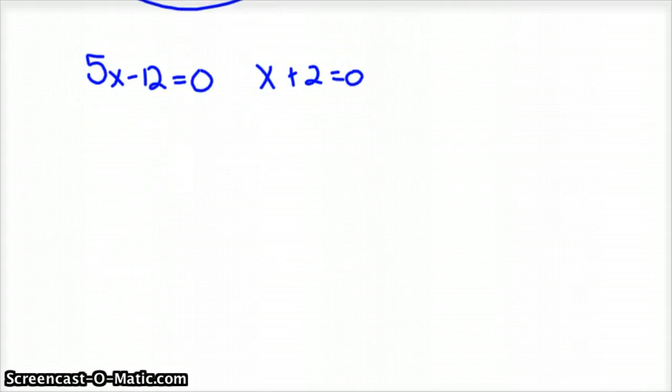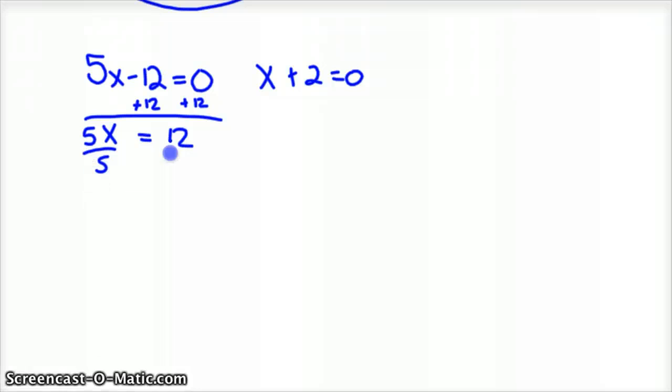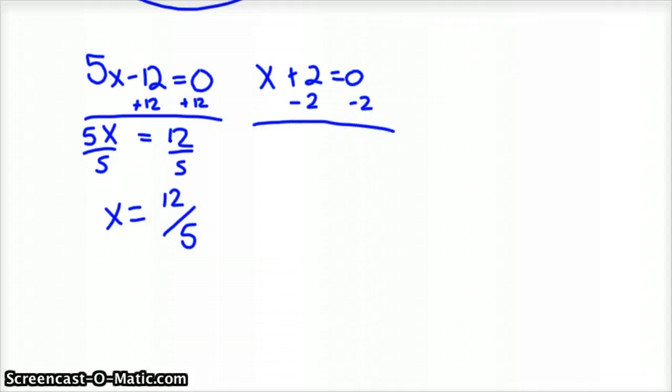Either one of those is a solution to that equation. So if you add 12 over, you'd have 5x equals 12, and then you divide by 5 on both sides. And so one of our x values is x is 12/5. On this side, you just subtract 2, and we know our other x value is x is -2.